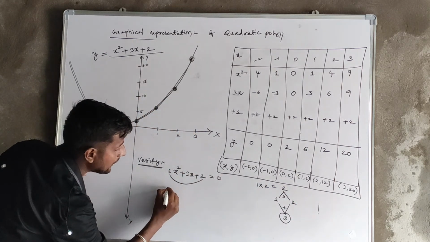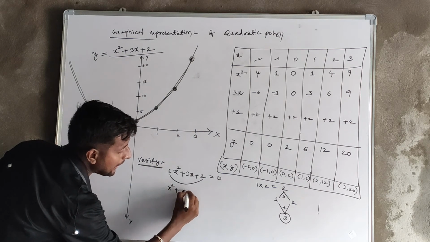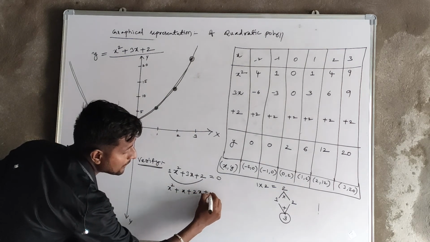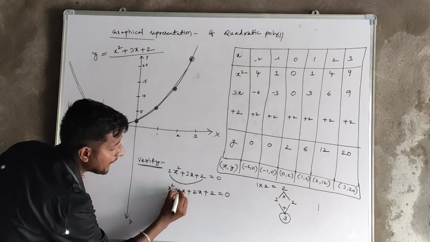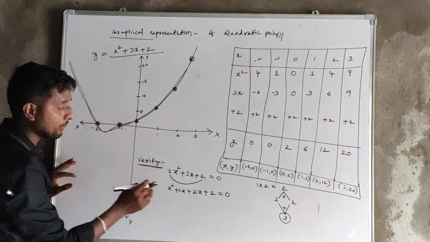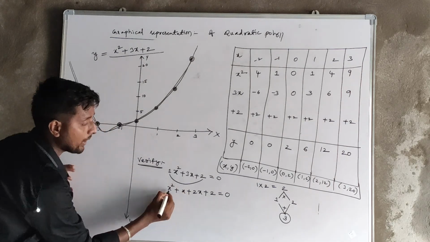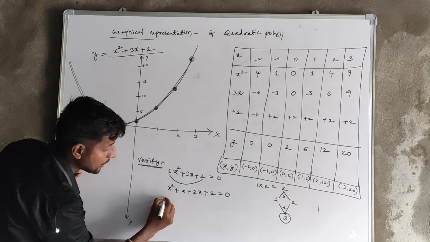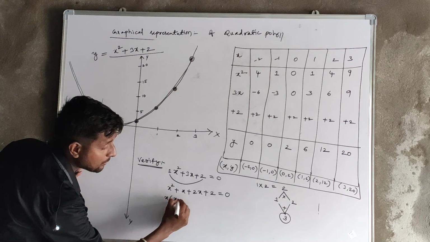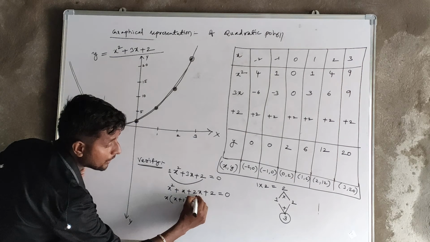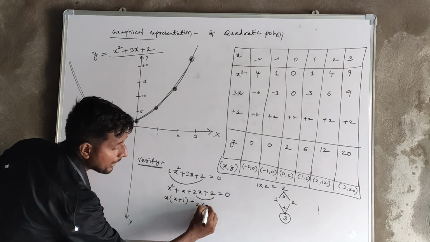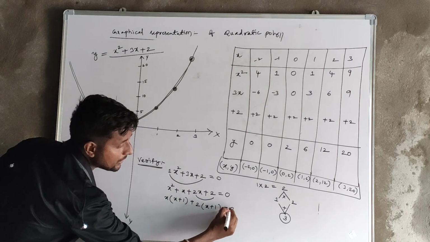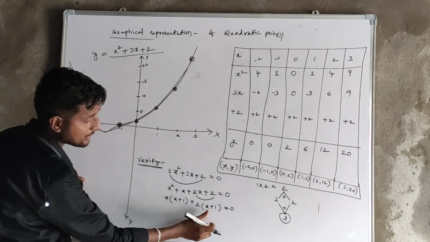Now this one I can write as x square plus x plus 2x plus 2 is equal to 0. x is nothing but 1x. I don't need to mention 1 specially, correct? Now x square means x twice. So x we can take common: x into (x plus 1), and here 2 common, no? 2 into (x plus 1) is equal to 0. Now look, x plus 1 is common in both.